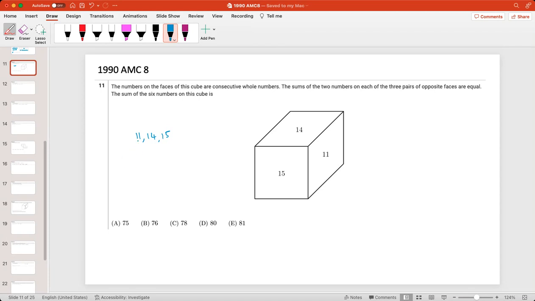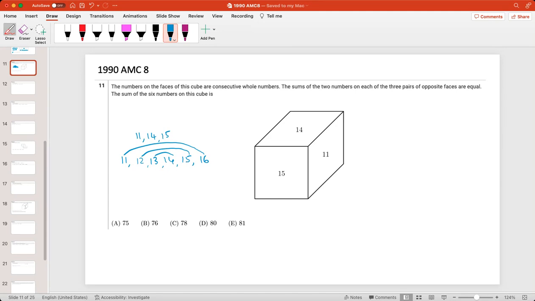I'm just going to say, if I make this 11, 12, 13, 14, 15, and 16, right? This could be a possibility because 11 and 16 make the same number, 12 and 15 the same number, 13 and 14 the same number. This is a possibility.